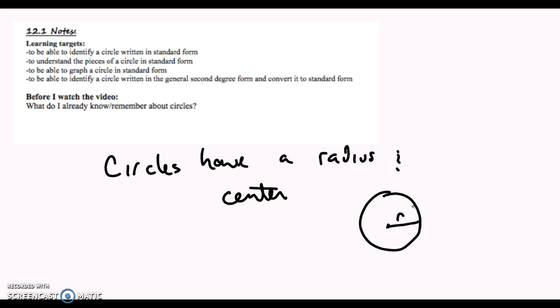That's really all. What we're going to do is write the equation of circles in standard form. We're going to go from a general form and convert it to standard form as well, and we should be able to graph the circle.